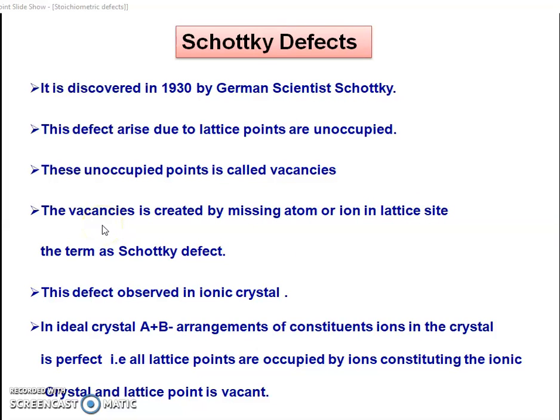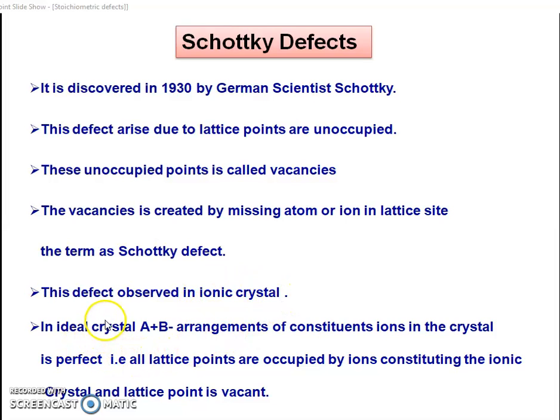How will you create this vacancy? A vacancy is created by a missing atom or ion in a lattice site. This is called Schottky defect. Such a type of defect is observed in ionic crystals.